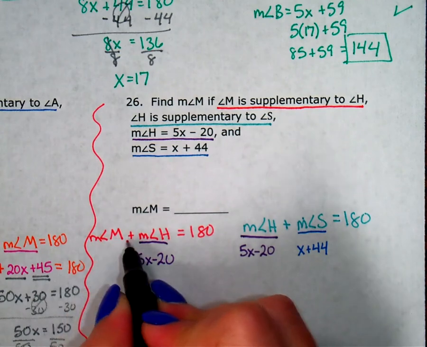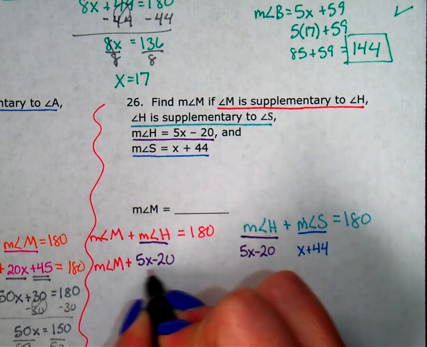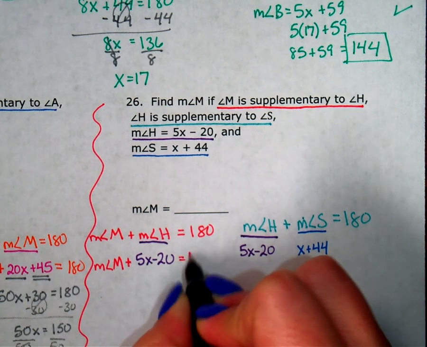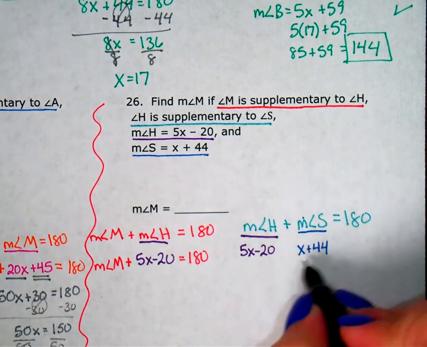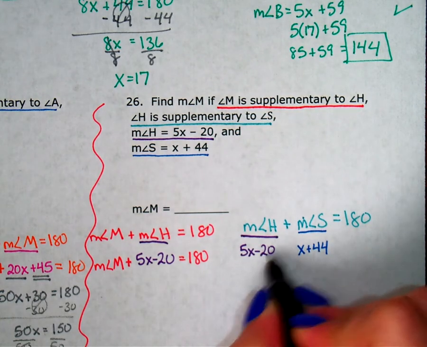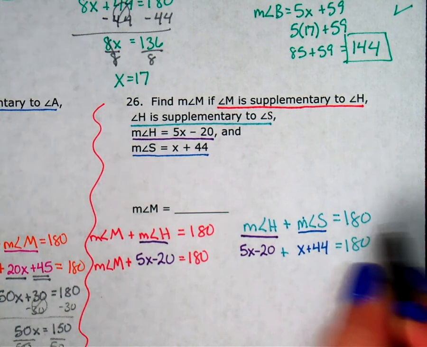The measure of angle M plus the measure of angle H equals 180, and the measure of angle H plus the measure of angle S equals 180.